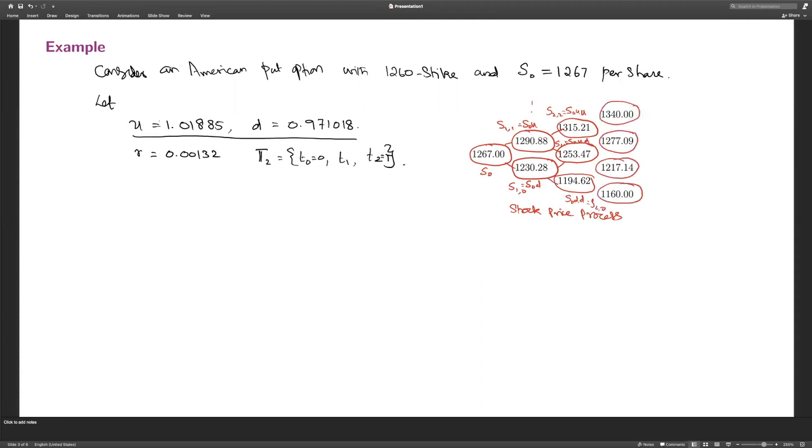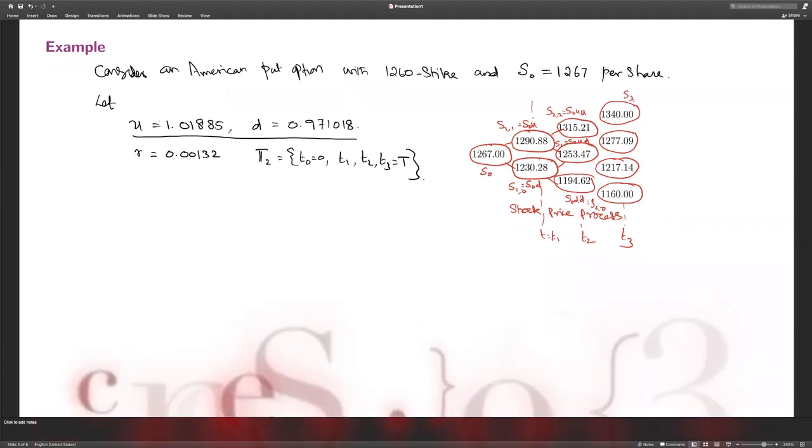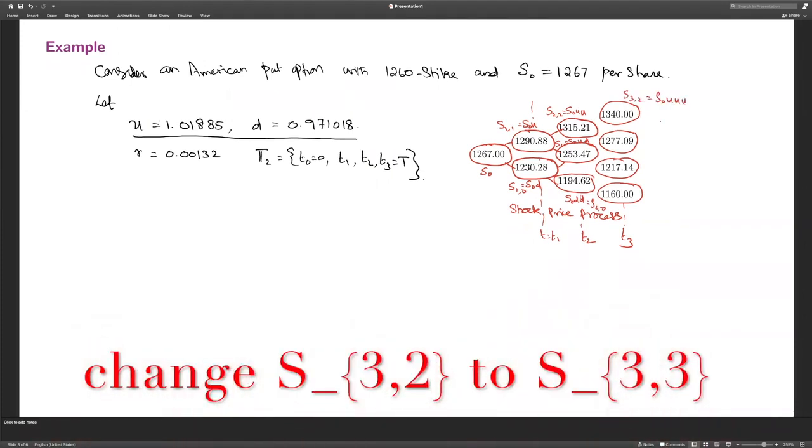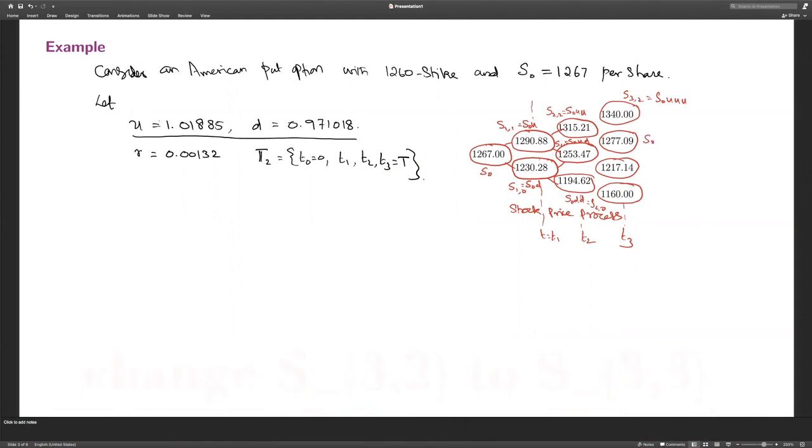So this is the time level. T is equal to T1, and this is T2, and this is T3. Sorry, we have taken the time partition as T2 and T3, which is taken as capital T. So we have S3 comma 2, which is S0 UUU, and this is S3 1, which is equal to S0 UUD, is S32 as well as UDU.